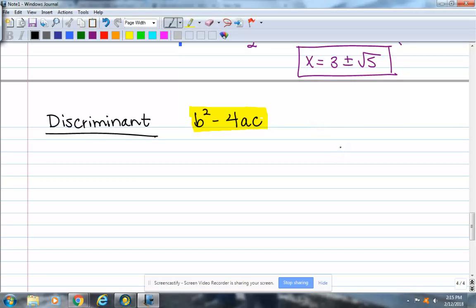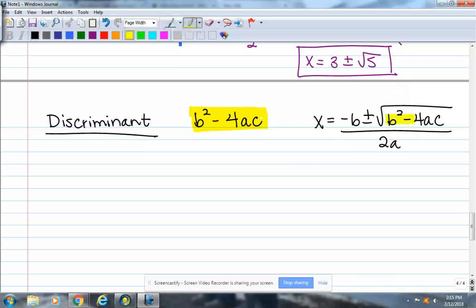The thing we just did. Yeah, it's a piece of the quadratic formula, and it's actually the part that is under the radical, without the radical. Now, you don't take a square root of it, okay? It's just B squared minus 4AC.